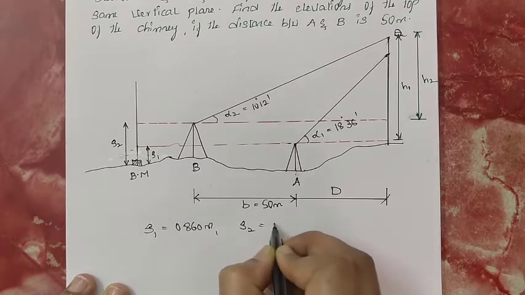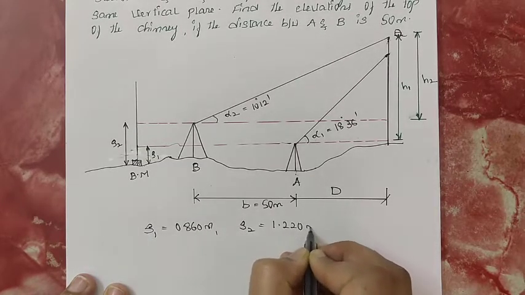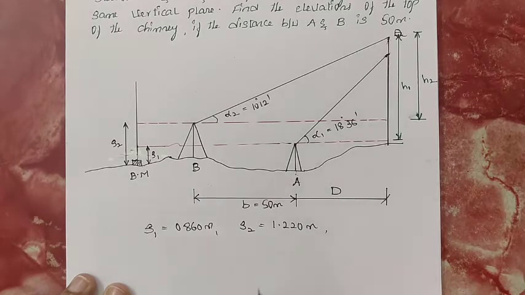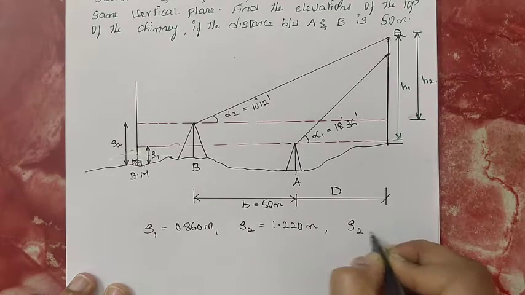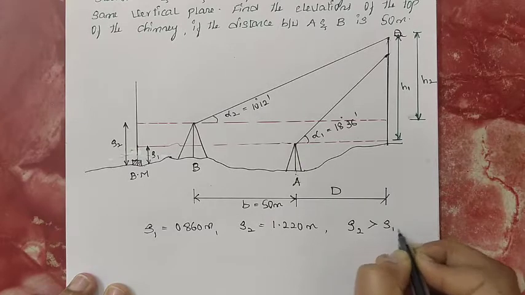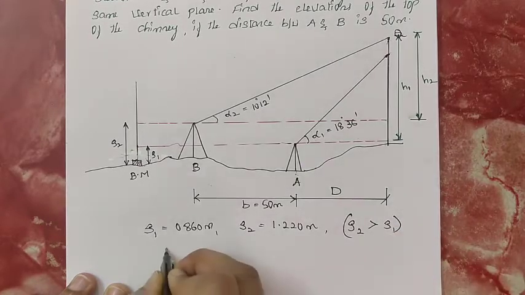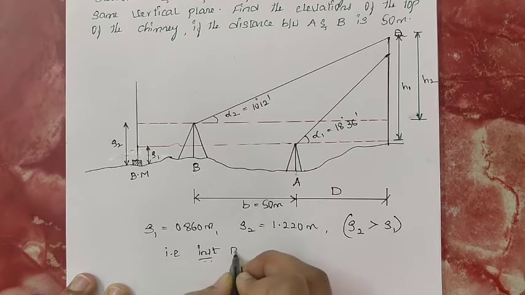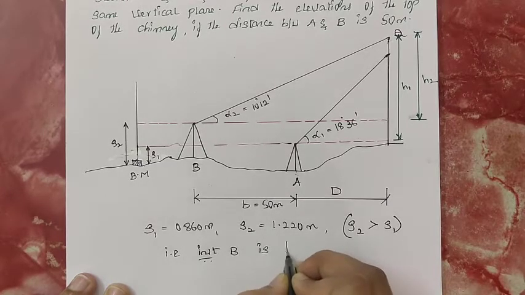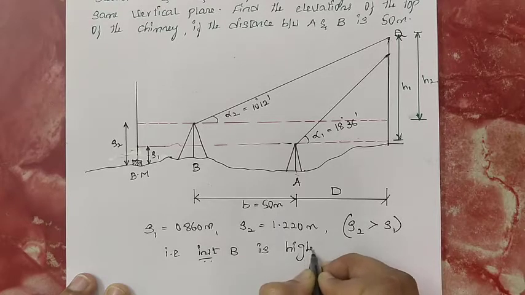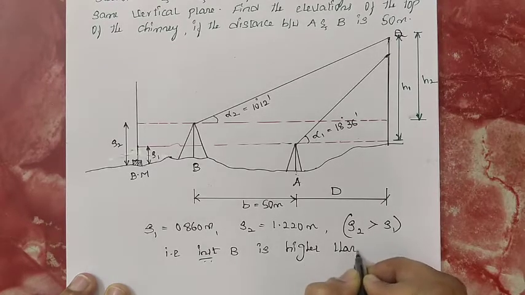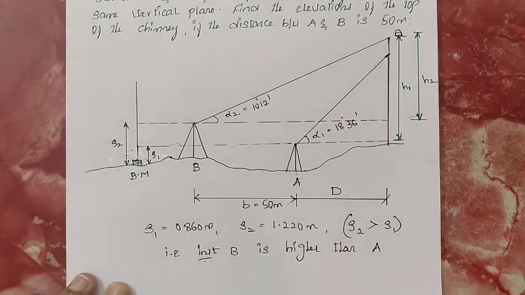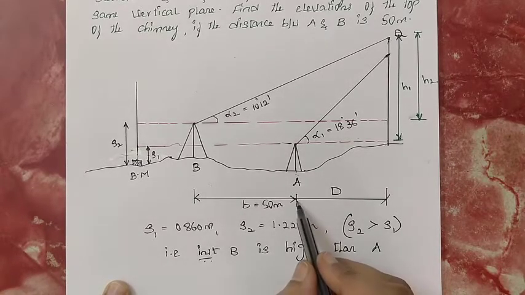Similarly, S2 value is 1.220 meter. Here S2 is greater than S1. That is, instrument B is higher than A.